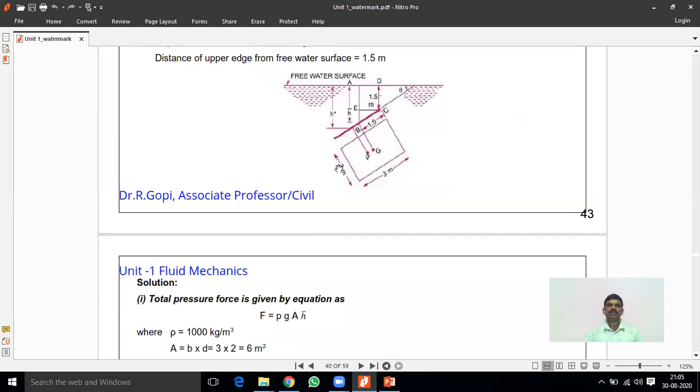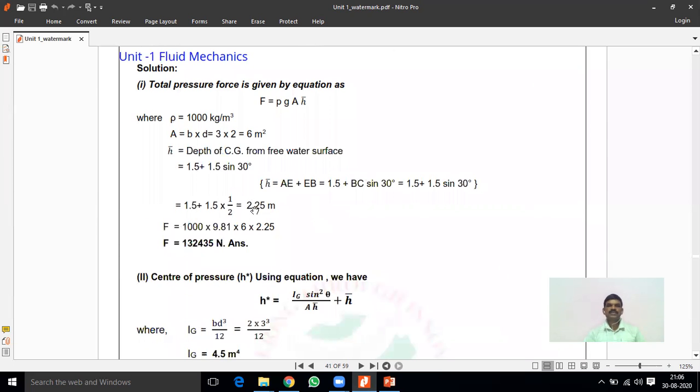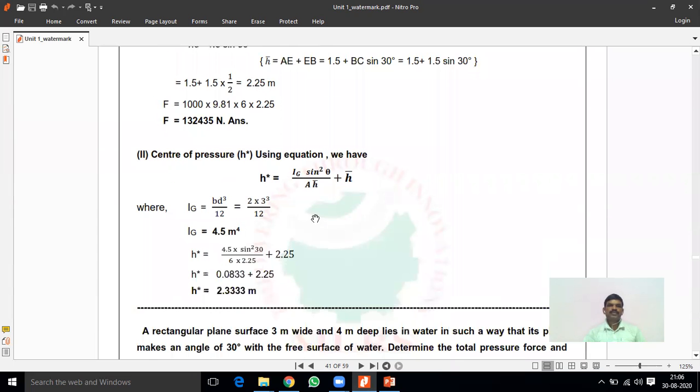So size of the plate is 2 meter into 3 meter, so it is 6 meter square. Okay. So H bar we already found is 2.25 meter. So substitute all the values, we can get H star is equal to 2.333 meter.